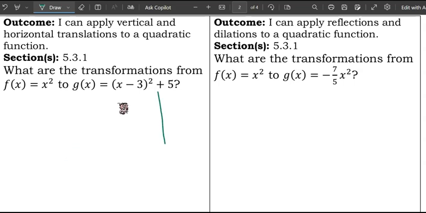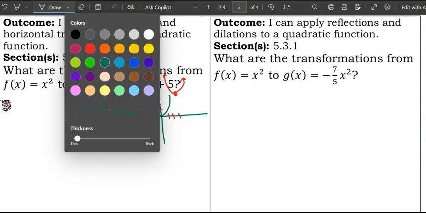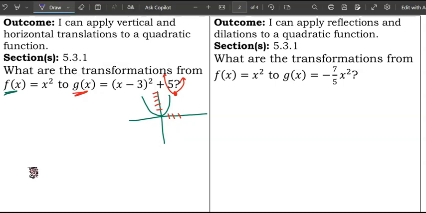If we were to sketch a graph, the parent function would be in the middle right here, and then our new function would look something like that. The transformations are right 3 and up 5.